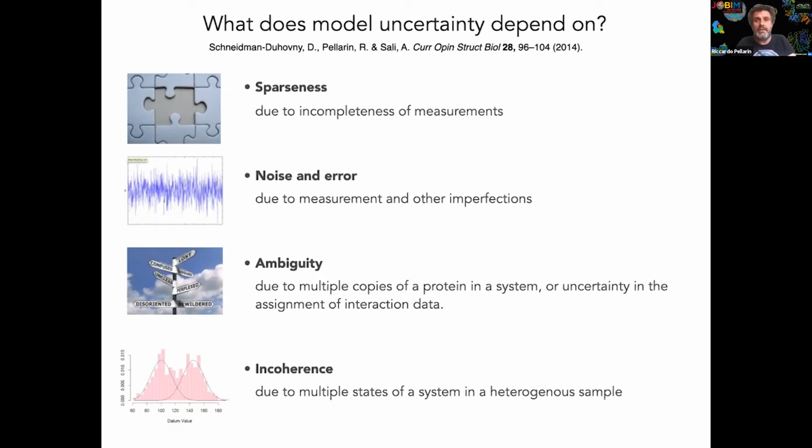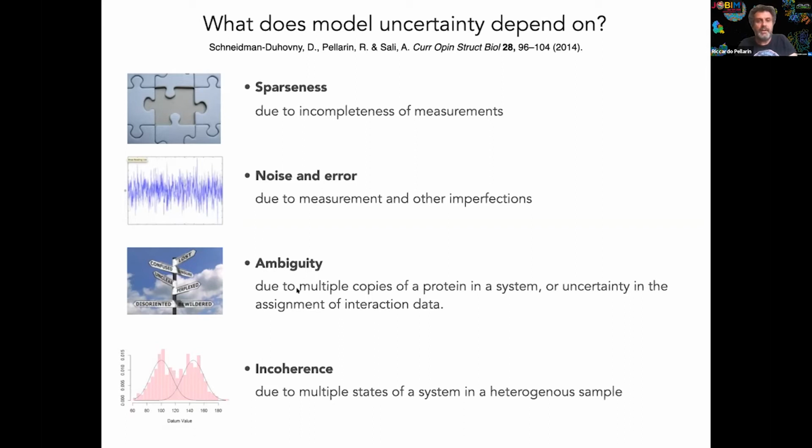The uncertainty is sometimes negligible or less important. But in this case, the uncertainty is very important because the data, first of all, is by definition sparse because it's incomplete. We cannot have enough data to determine the position of all atoms because of the lack of high resolution information. They are noisy, normally noisier than in high resolution cryo-EM and X-ray crystallography, due to imperfection, due to the false positives and so on.